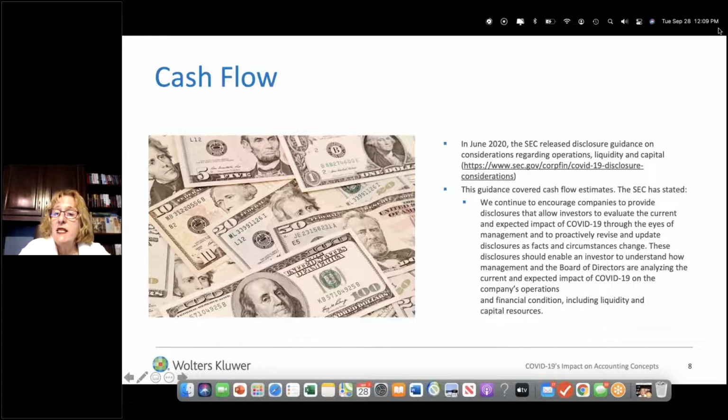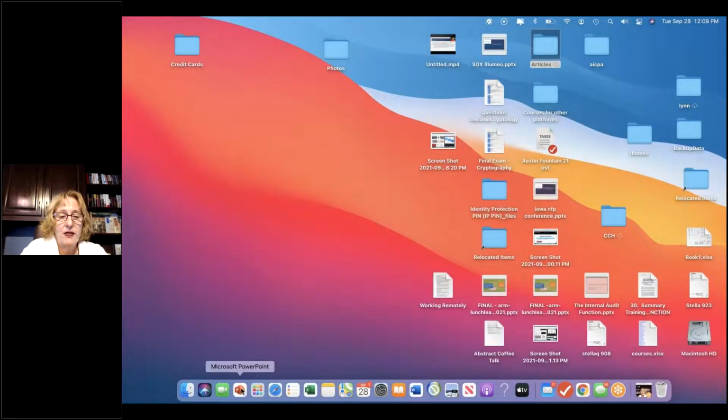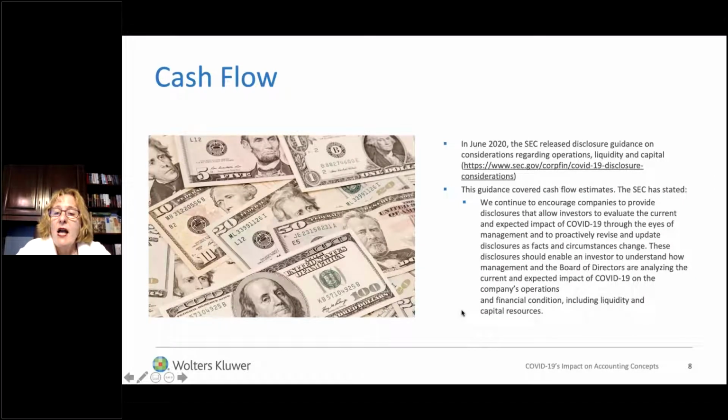But the guidance that the SEC issued, that you'll see in this link, covered cash flow estimates, and the SEC stated, we continue to encourage companies to provide disclosures. They want investors to evaluate the current and expected impact of COVID-19. But think of it through the eyes of management, and also be proactive when you're revising and updating disclosures as facts and circumstances change.